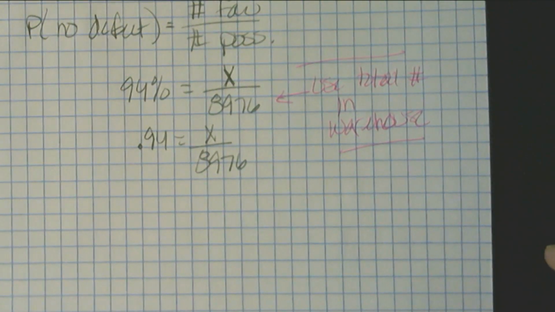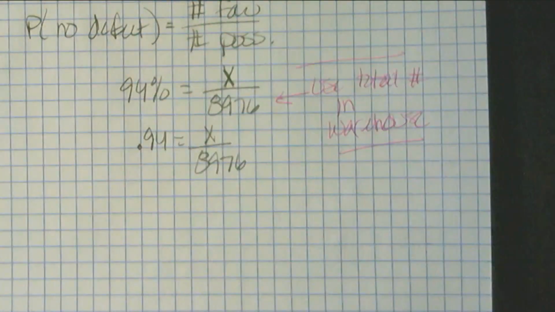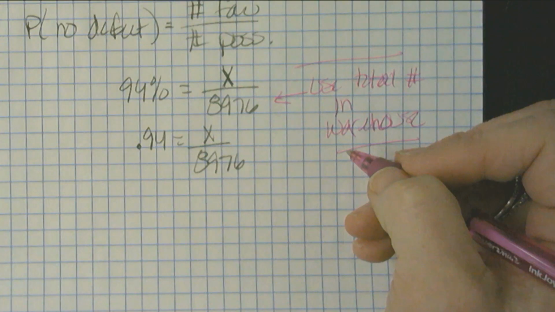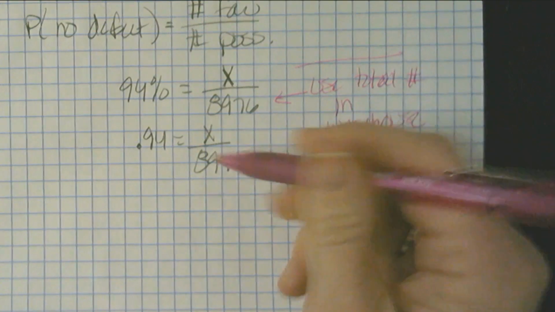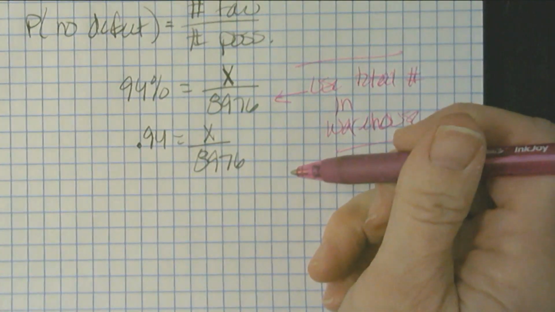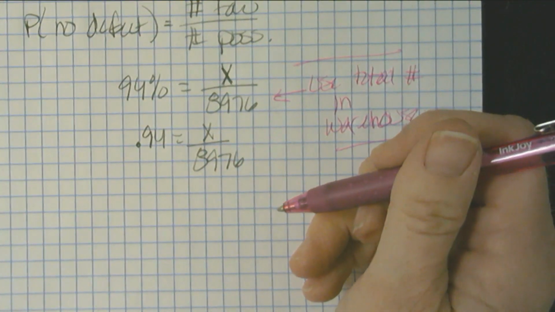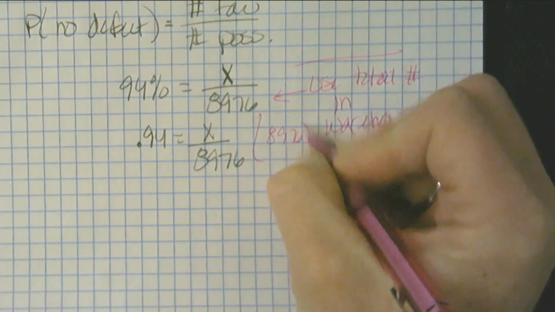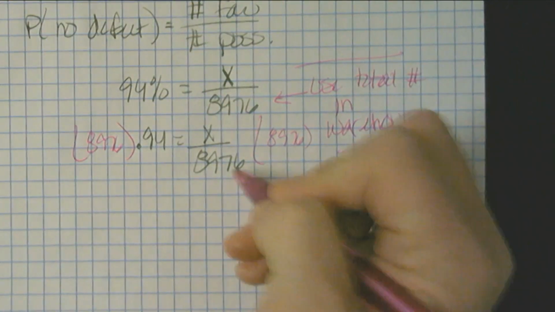I just need to solve this. What am I going to do to solve this? Matthew? No. Why am I dividing? This says x divided by 8,976. How do I undo the division of 8,976? Yeah, I'm just going to multiply both sides by 8,976. I'm just going to multiply both sides by that denominator.